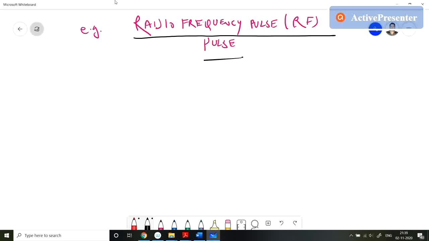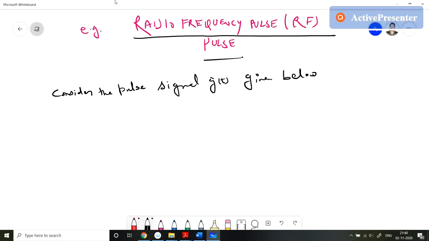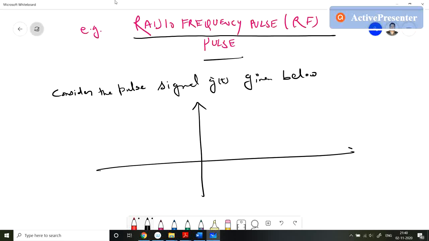So consider the pulse signal g(t) given below. This is g(t), a pulse.